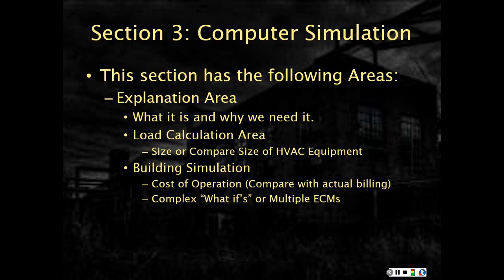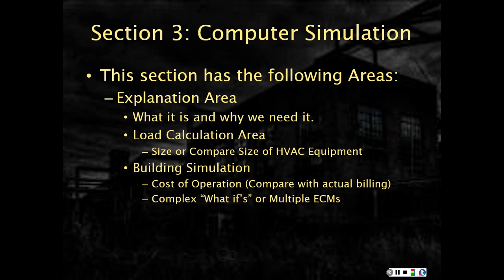The third paragraph describes the second reason that you would do a carrier HAP program. This is the building simulation. It's used for two things. The first thing it does is once we add the utility costs, the actual utility billing from the building we're doing, we can run the carrier HAP program under simulation and get a cost of operation.